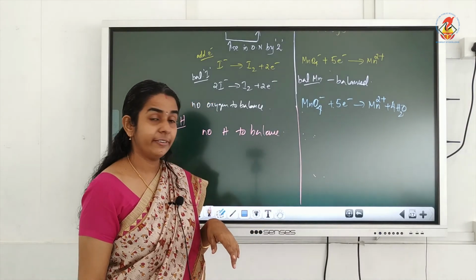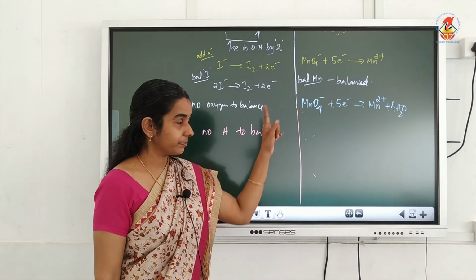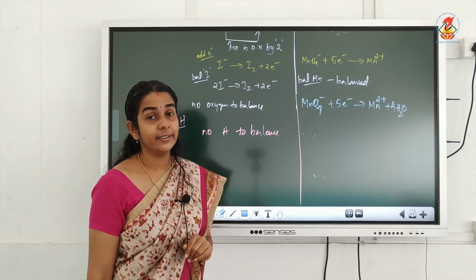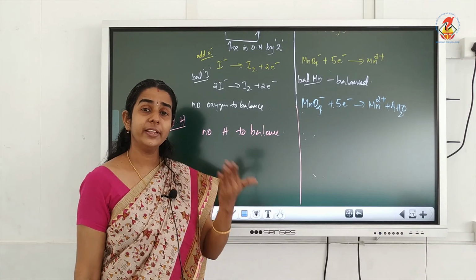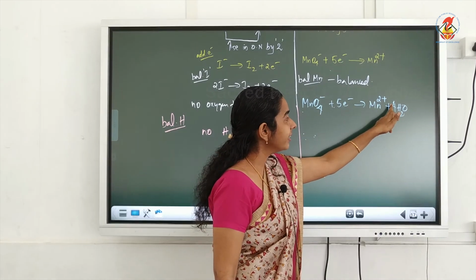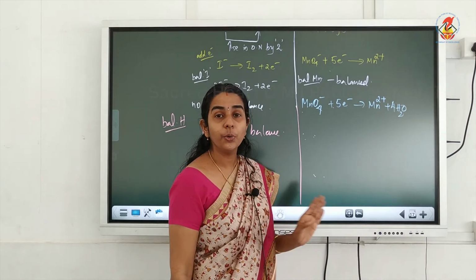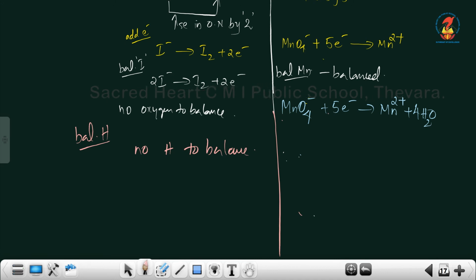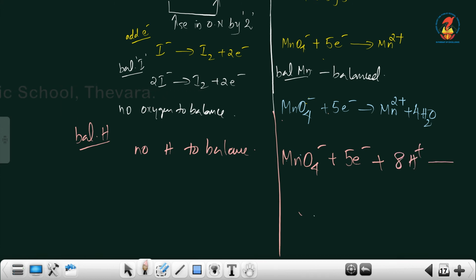So to balance hydrogen, see the medium, here the reaction is taking place in the acid medium. So where there is shortage of hydrogen, add equal number of H plus. So right hand side we have 8 hydrogen, left hand side no hydrogen. So left hand side add 8 H plus. So the equation becomes MnO4 minus plus 5 electrons plus 8 H plus giving Mn2 plus 4 H2O.